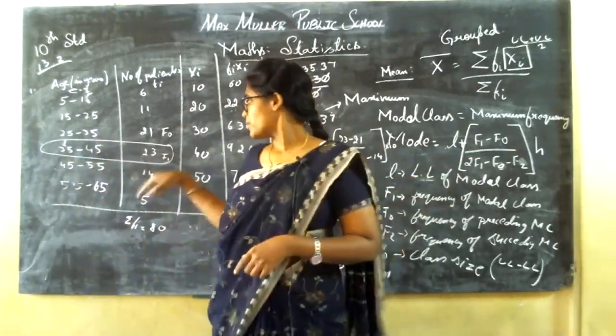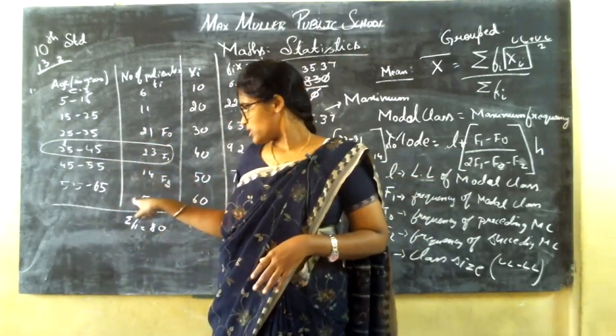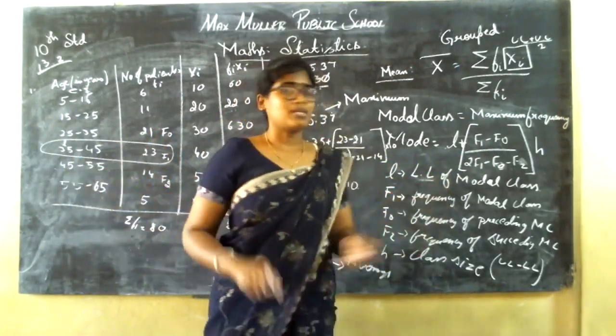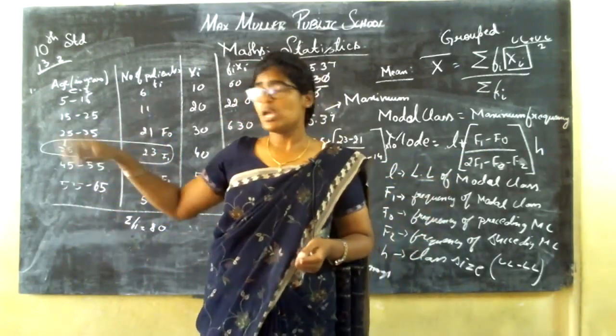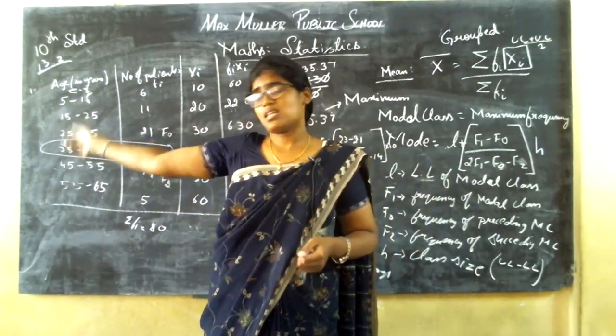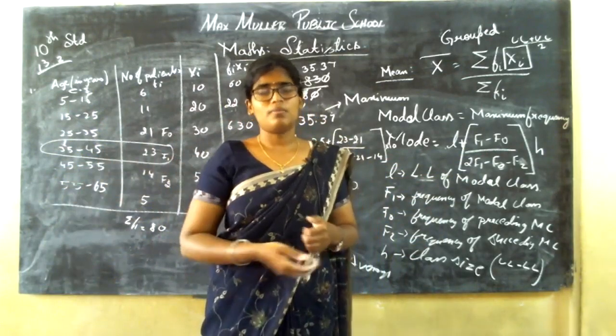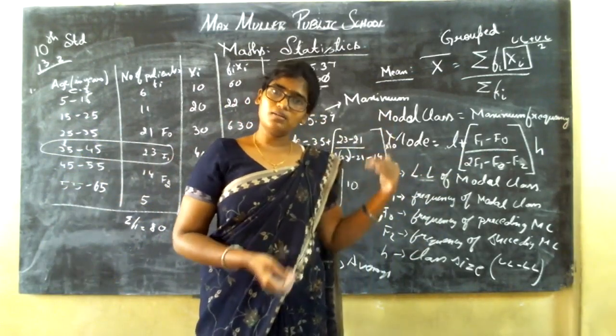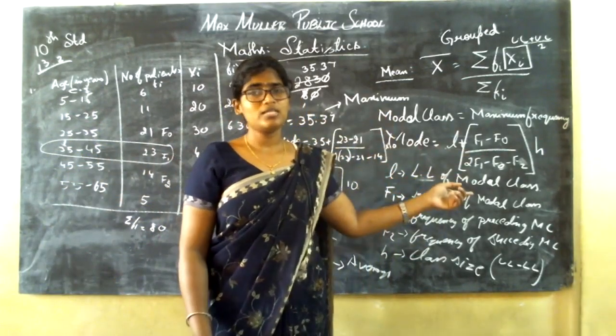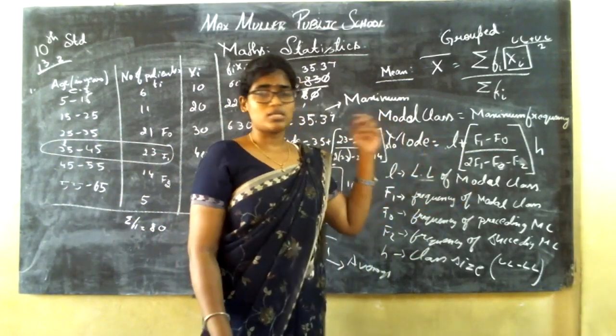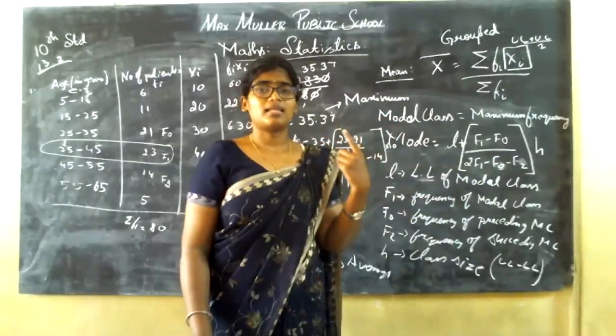F0 is the frequency of the class before the modal class. F2 is the frequency of the class after the modal class. And what is h? h is the class size. In the class interval, you subtract the lower limit from the upper limit. If you get the same class size everywhere, then that is the h value. In the sum we solved today, the class size was 10.